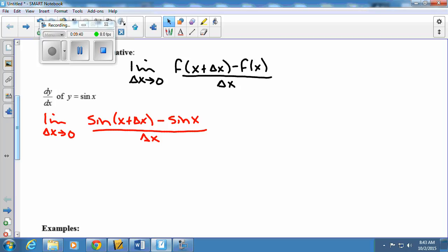Can I cancel out those delta x's? I can't cancel them out. Can I distribute sine and say that the sine of x plus delta x is the sine of x plus the sine of delta x? Can you? Not sure. What did we say about trig and their angles? Can you mess around with them at all?